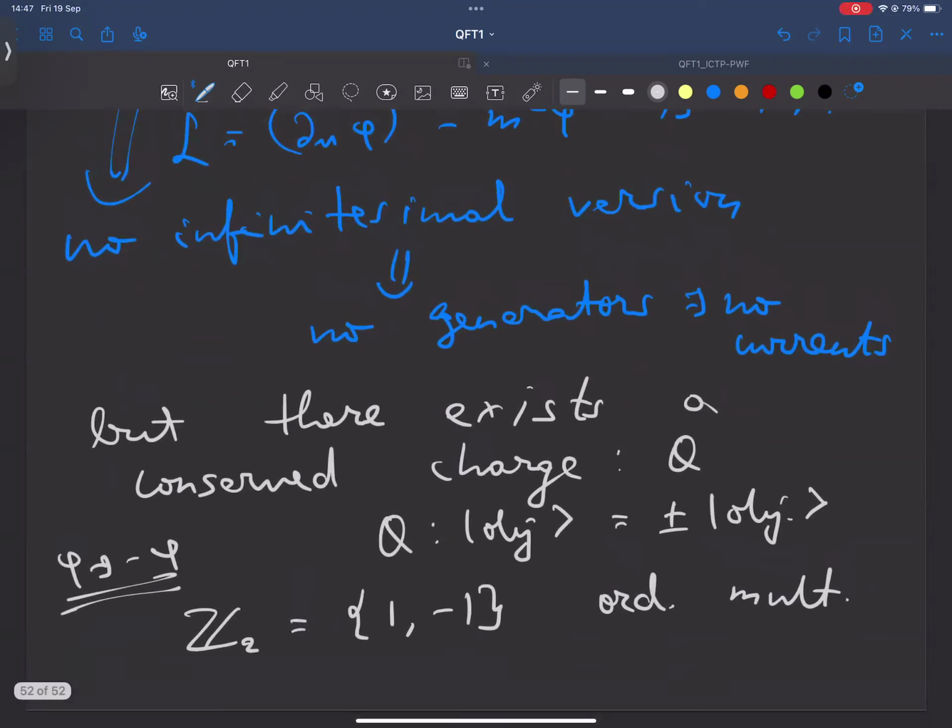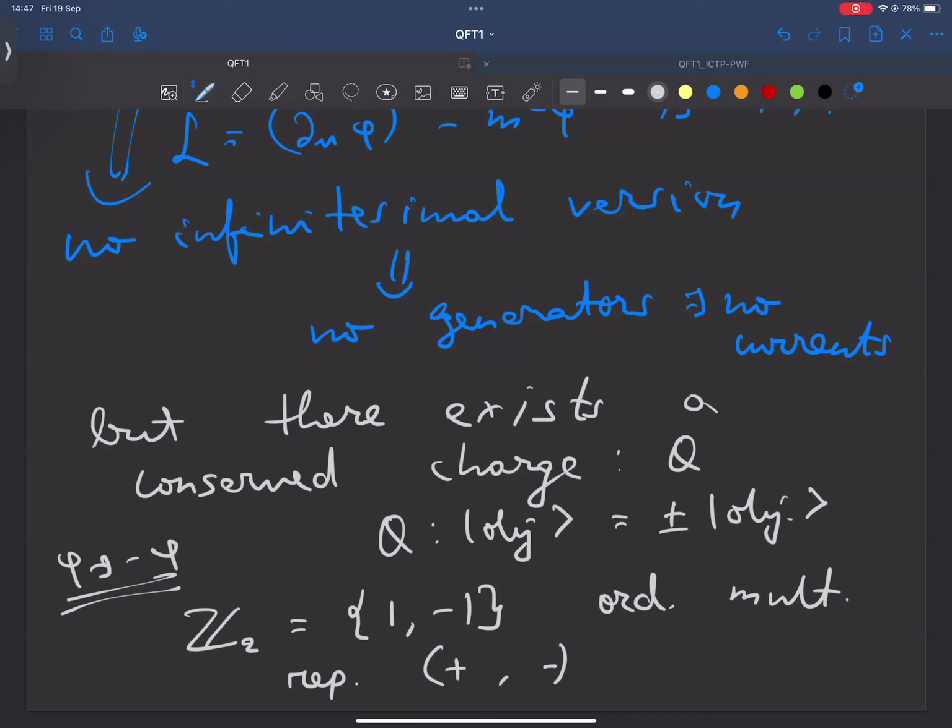So for this kind of an object, if you write down its representations, then you will have either a plus representation or a minus representation, as its eigenvalues. So there will be quantities which are charged plus, or quantities which are charged minus, and that's all you can have here.